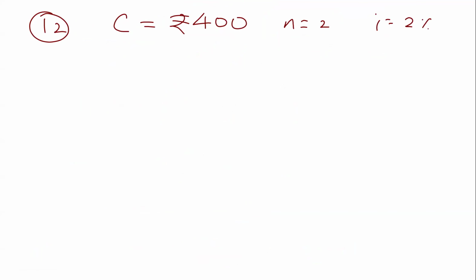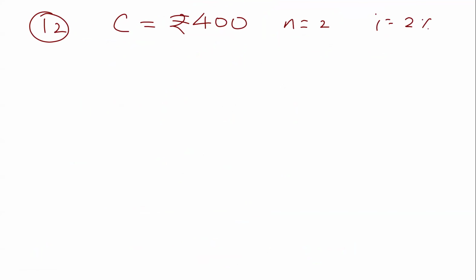So 600 upon 8 can go on reducing, but just look at how I'm doing this. 8 I'm writing as 2 into 2 into 2, easy for calculation, and this is 1.08 raised to minus 4. So 2 into 300, 2 into 54, 2 into 27, so this will be 8100.